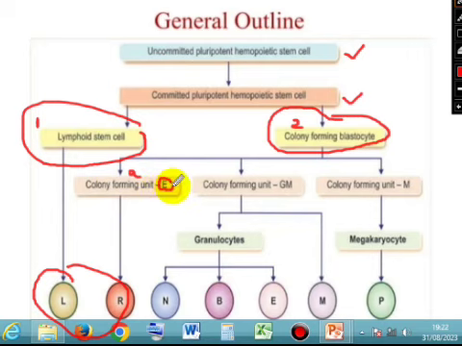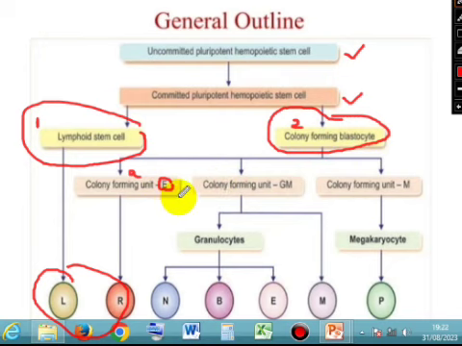And then the colony-forming blastocytes. Colony-forming blastocytes will differentiate into three kinds of cells.